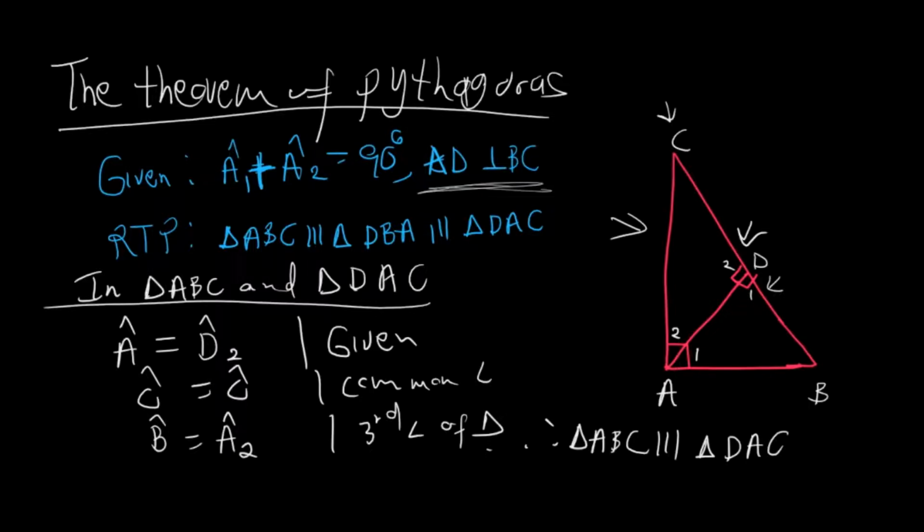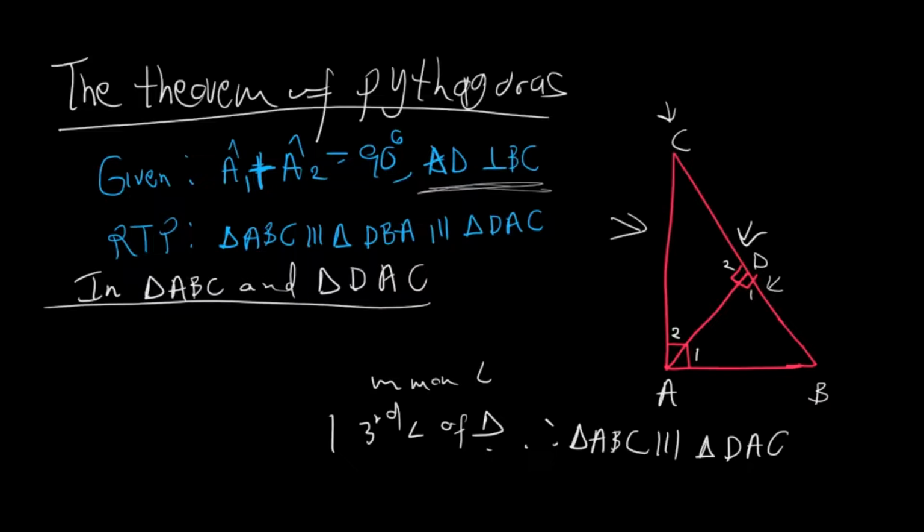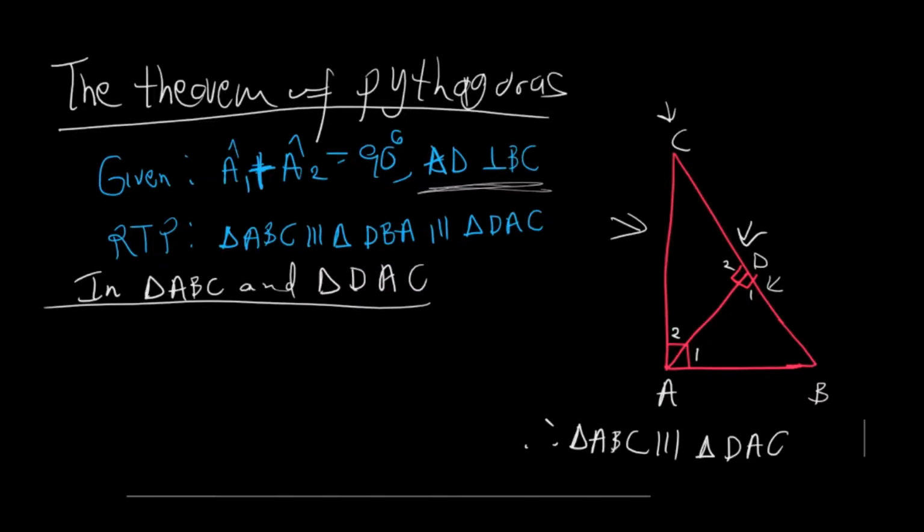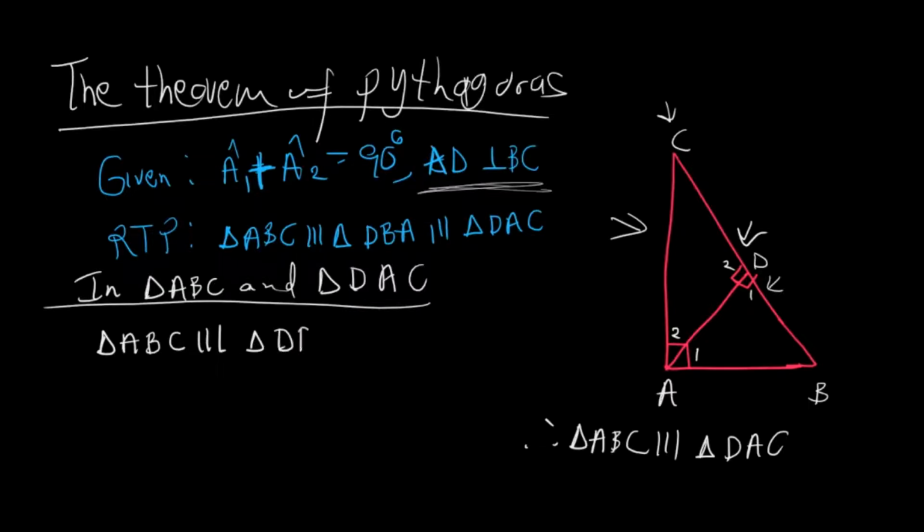So I'm assuming you guys are enjoying this. What we can take is this now. Now that you've proven that these are similar, I'm just going to write it down here. We've proven in the previous step that triangle ABC is similar to triangle DBA.